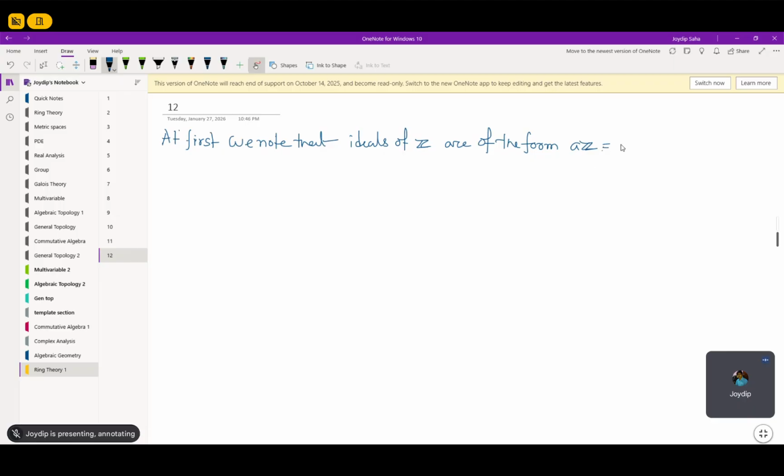That means AX says that X belongs to Z, where A belongs to Z. That is a principal ideal. Any ideal of Z is a principal ideal.